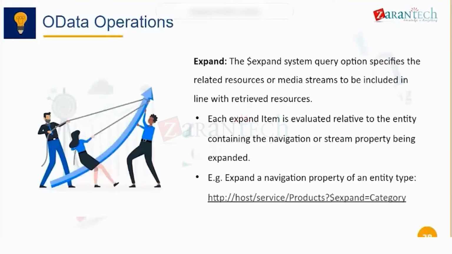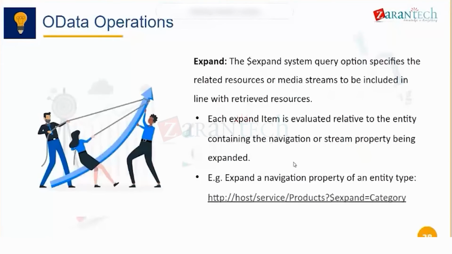So this is basically associated with navigation properties and associations that we are going to create. For example, one navigation from header item is going to many line items. In that case, the header item will be in the products place here, and the line item will be in the expand place.